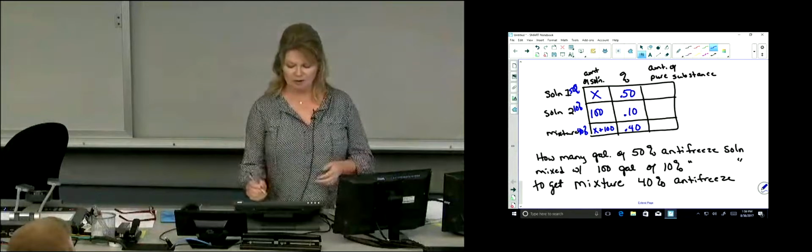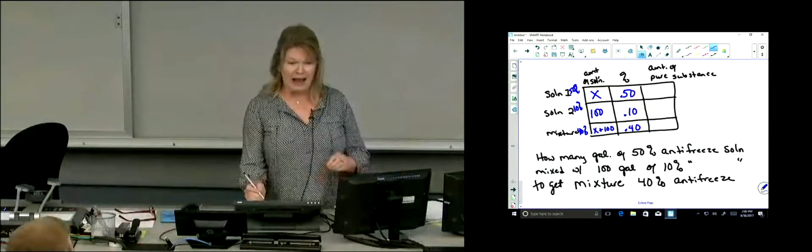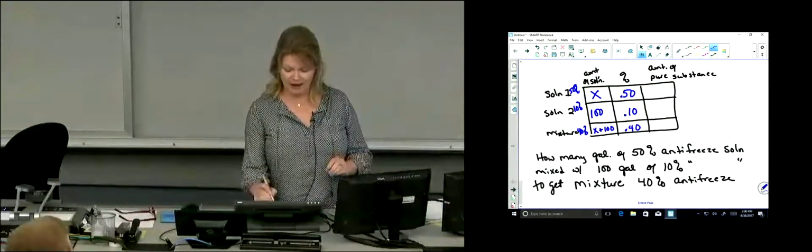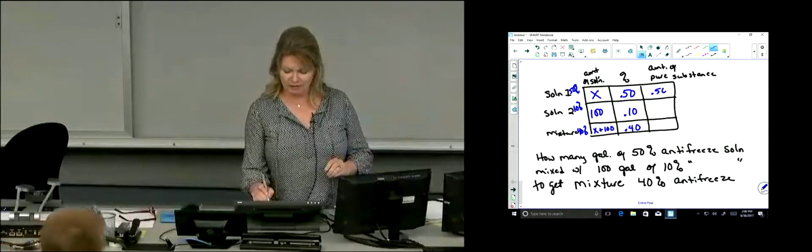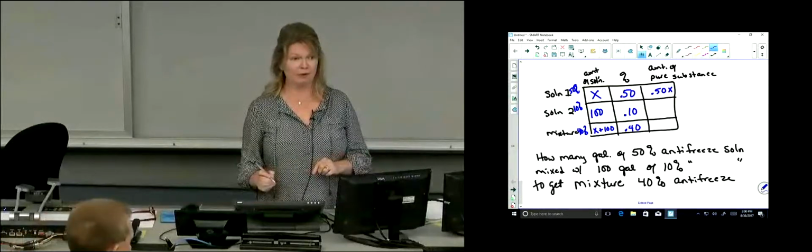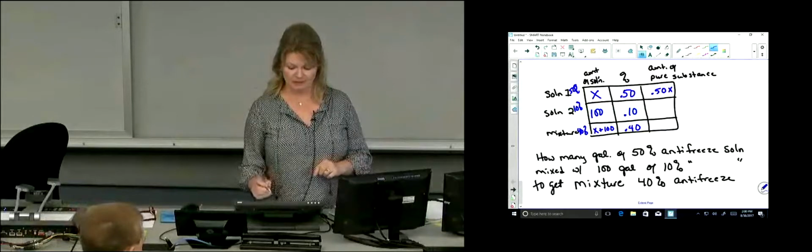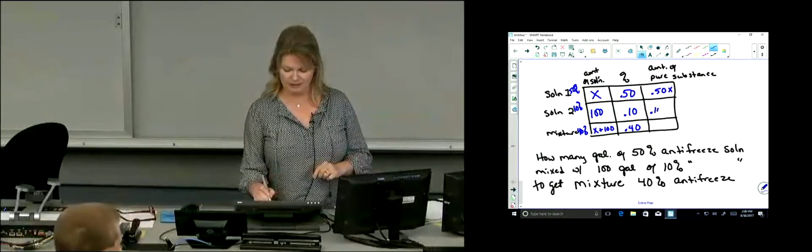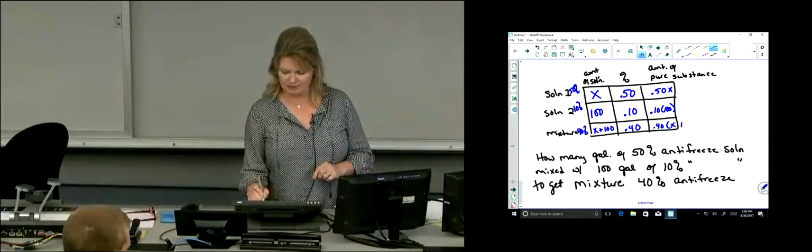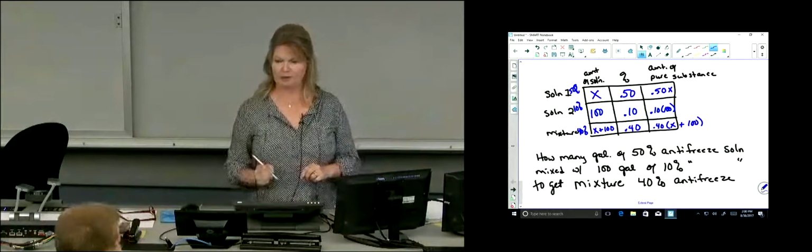Then going across, if I want to know how much antifreeze I have, the first row would have 0.50 times X. The second would have 0.10 times 100. And the last one would have 0.40 times X plus 100.